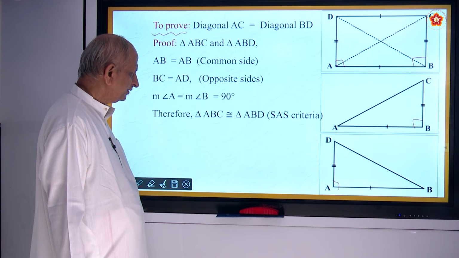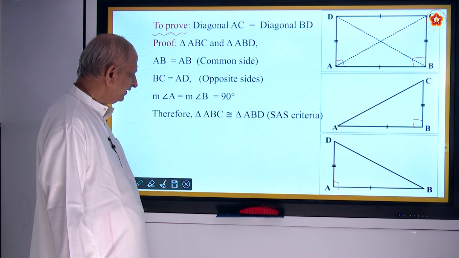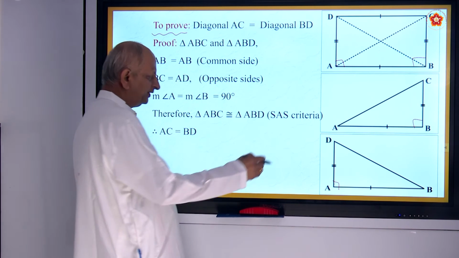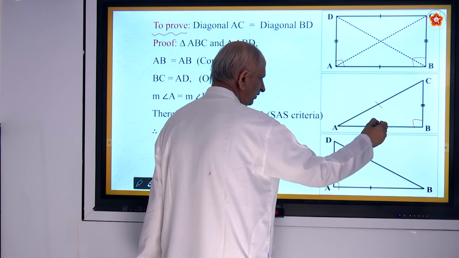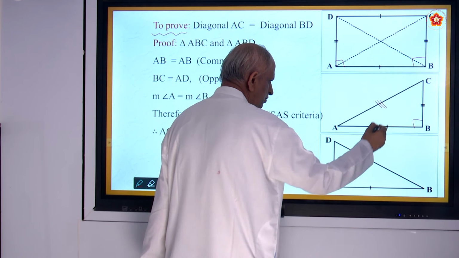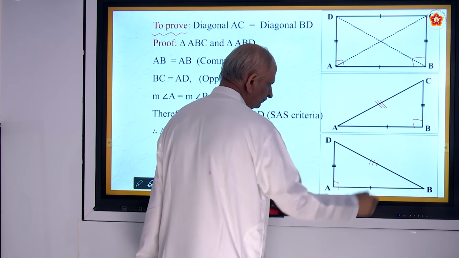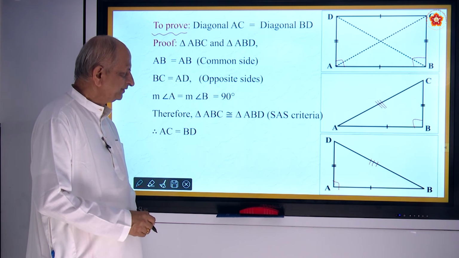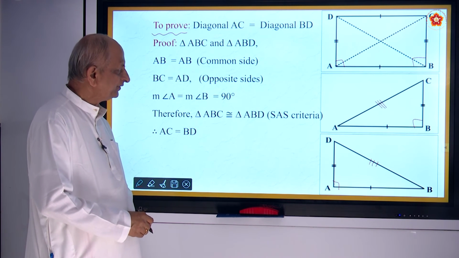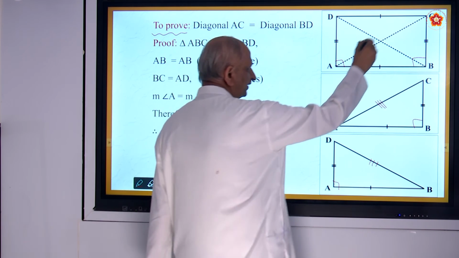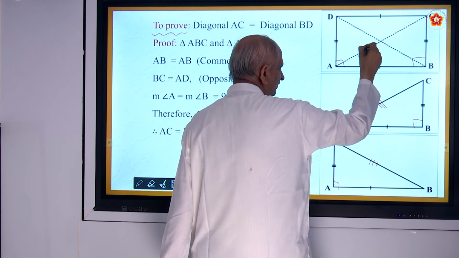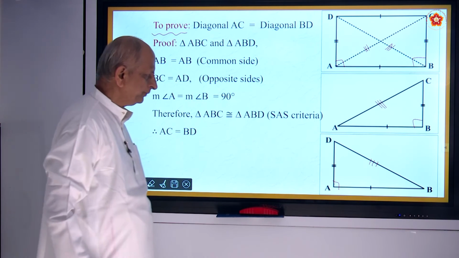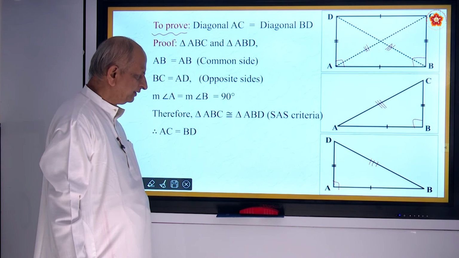So what are the remaining sides? The remaining sides are AC and BD. So AC will be equal to BD. Which means the two diagonals, AC and BD, are equal.